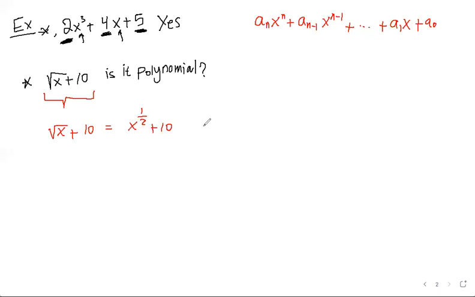So it's not a polynomial. Why? Because 1/2 is not a natural number. To be a polynomial the power must be a natural number or 0. This does not belong to the natural numbers. Does it make sense? So the answer here is no, it's not a polynomial.